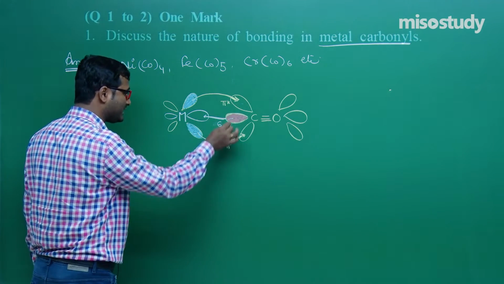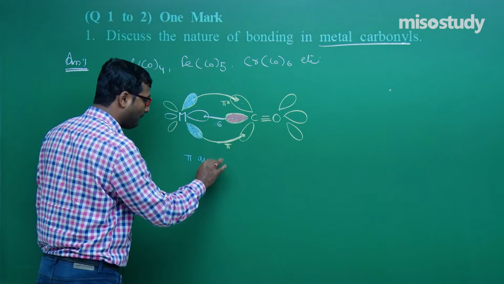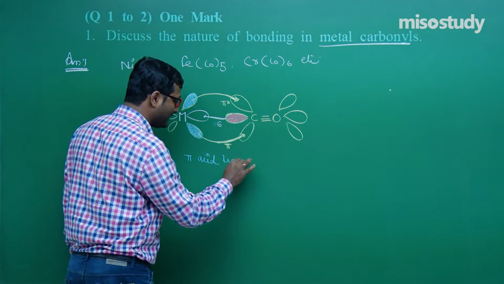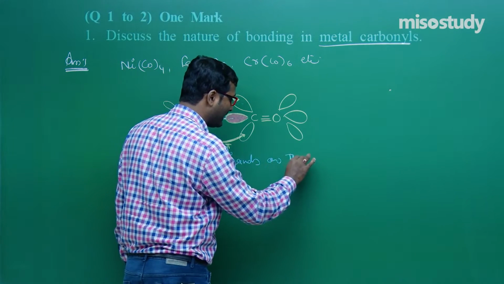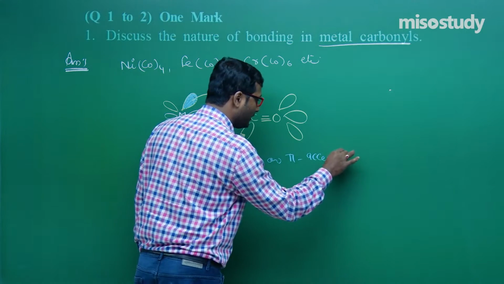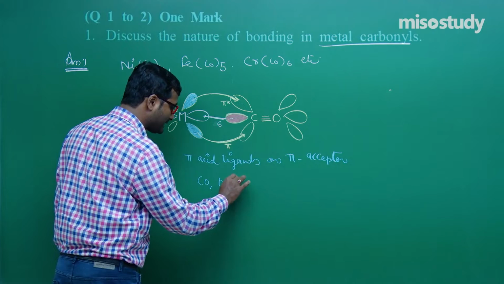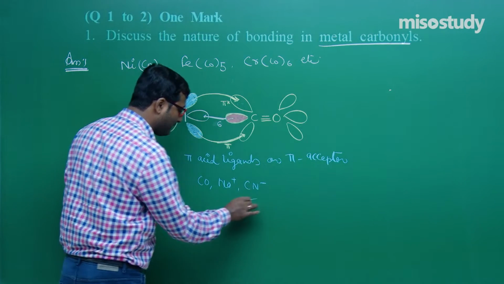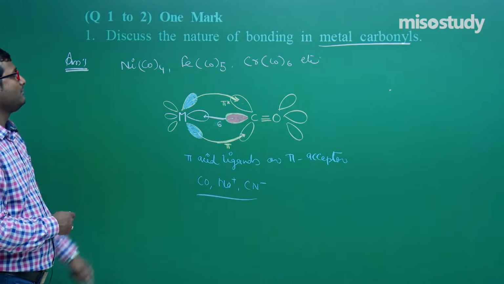Due to this reason, there is an involvement of pi, so they are also called pi acid ligands or pi acceptor, my friend. Clear? Which are pi acceptors? First of all, carbonyl, NO plus, CN minus. Back donation is also possible.